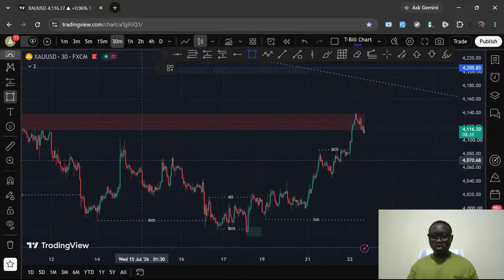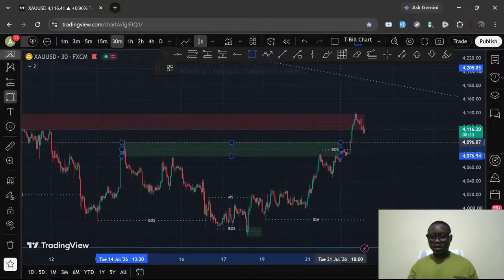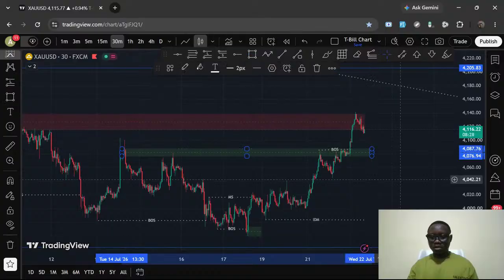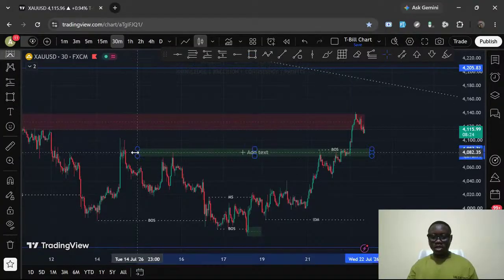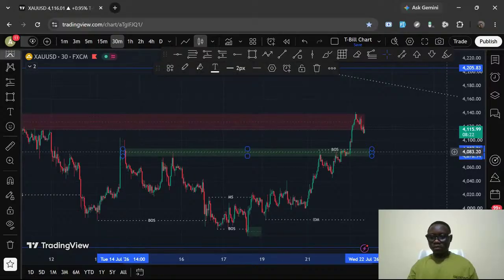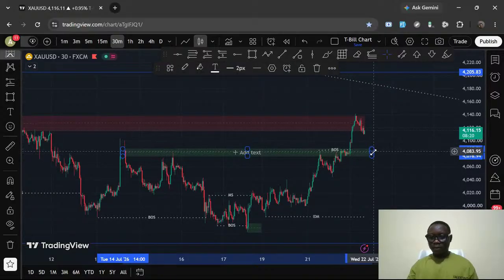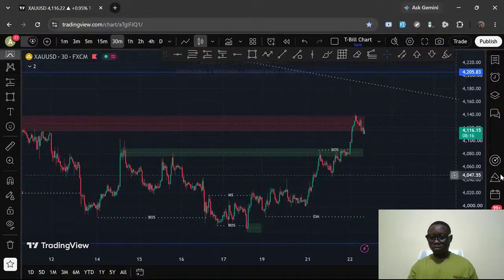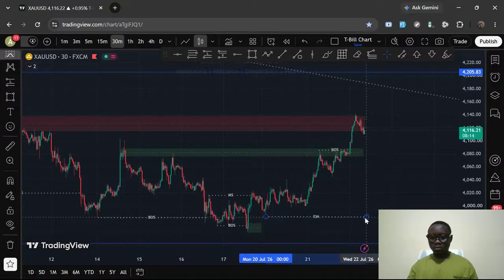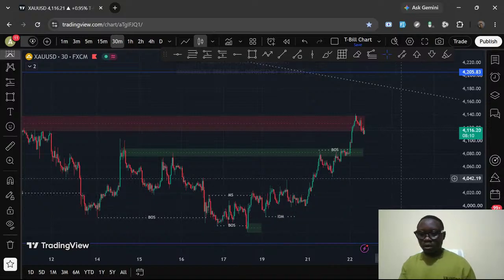If at all I'll be considering a buy, I'll be taking a buy right at this zone. Overall, we are bearish.